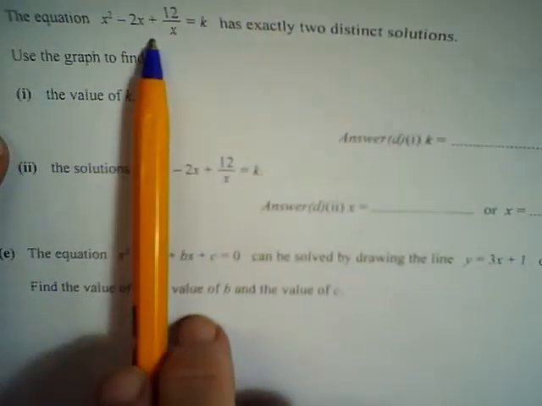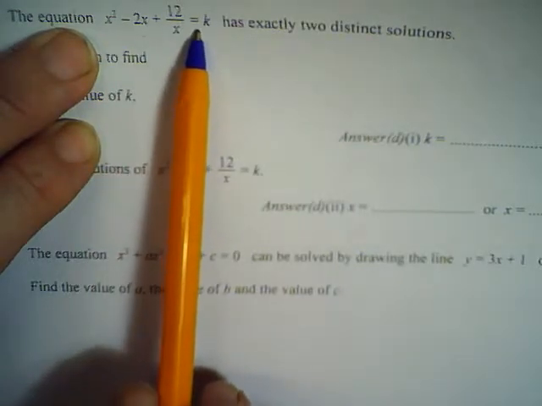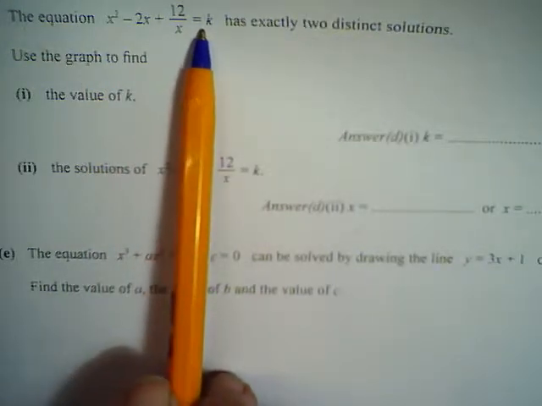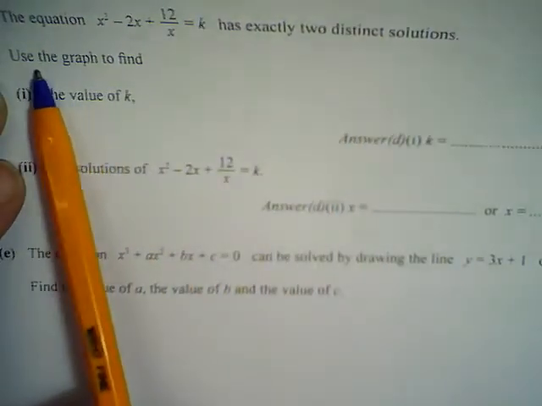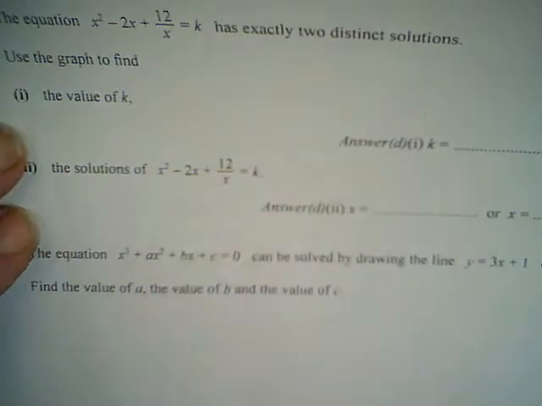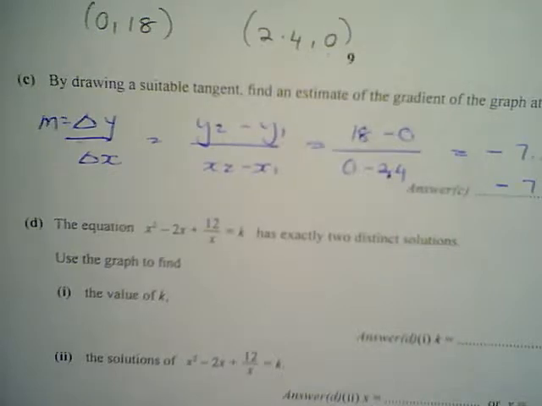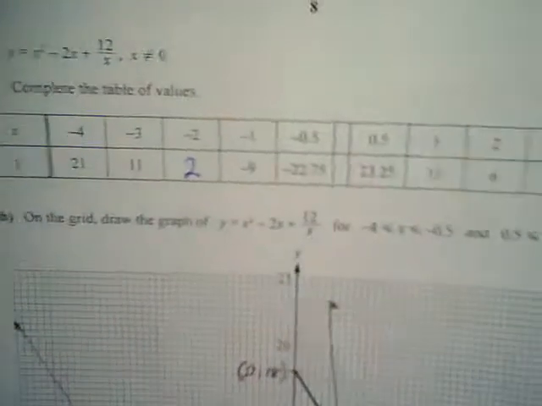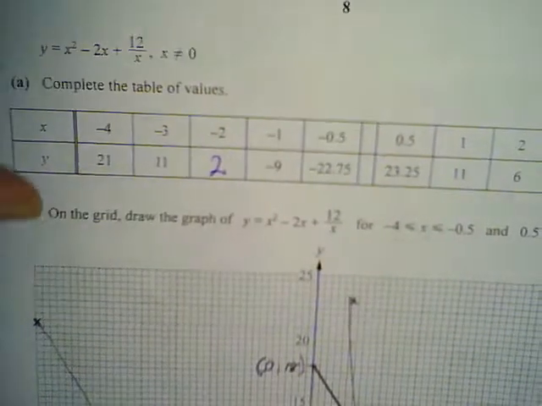The equation x squared negative 2x plus 12 over x equals k has exactly two solutions. Use the graph to find the value of k. So where it has exactly two solutions, only two solutions, there's no more.